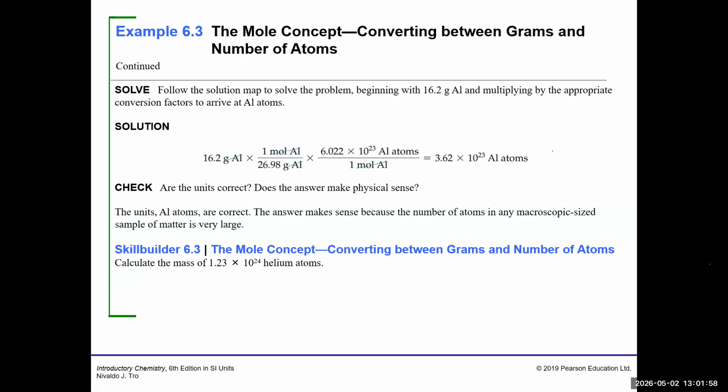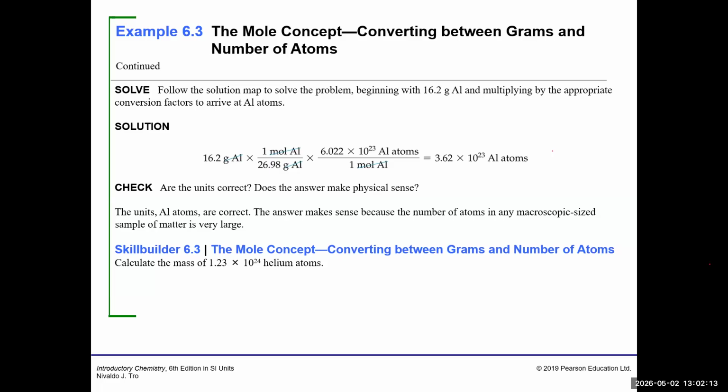Any question? We check the units to make sure they are correct, and we check that it makes physical sense. They're asking us for aluminum atoms, and in the end, lo and behold, we have aluminum atoms.